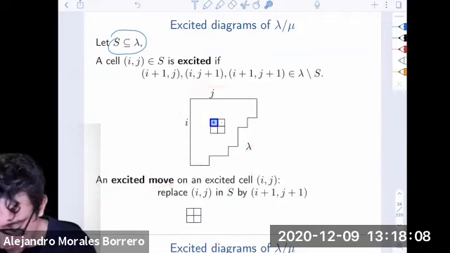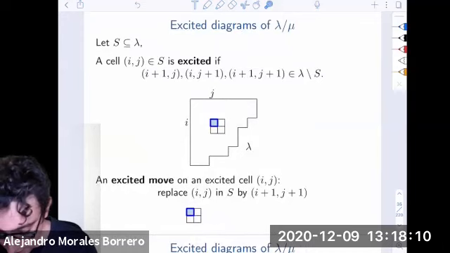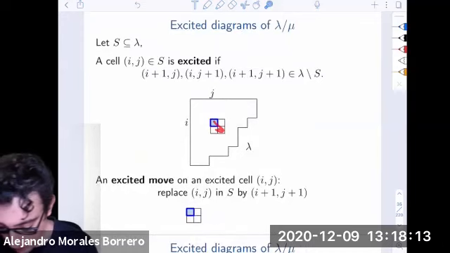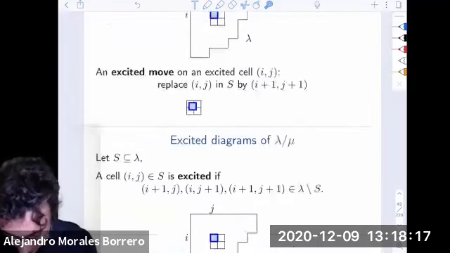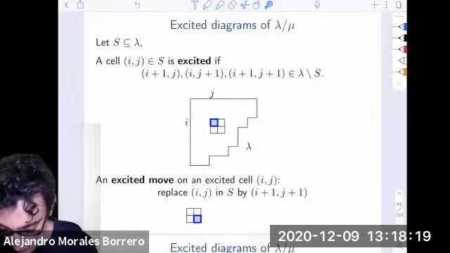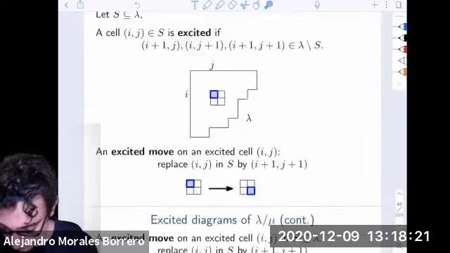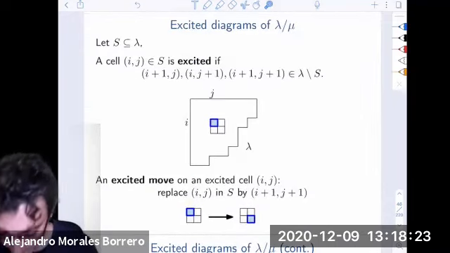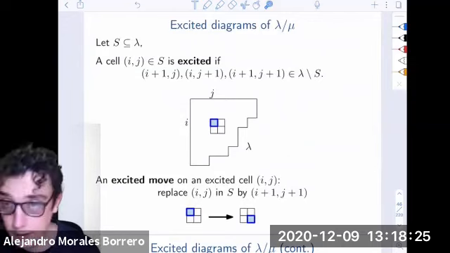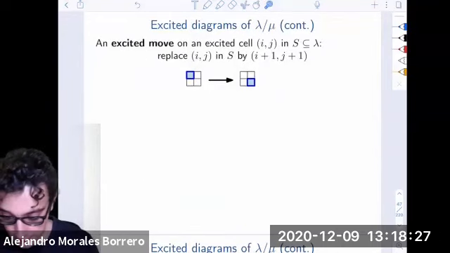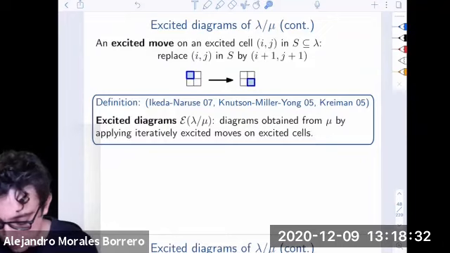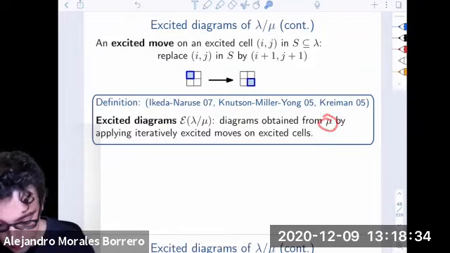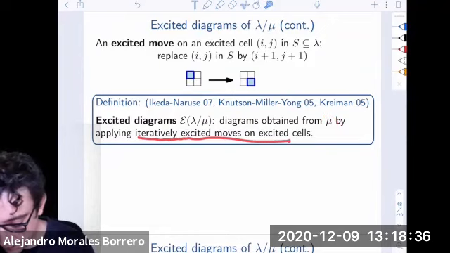An excited move is replacing that cell by the cell diagonally below. So the cell slides down. That's an excited move. Excited diagrams are the diagrams that you obtain from mu by applying excited moves on excited cells.